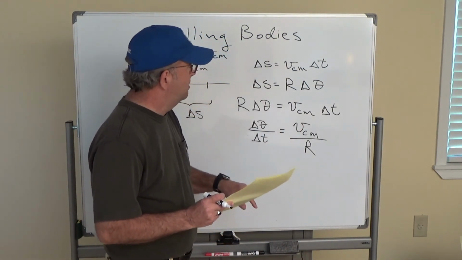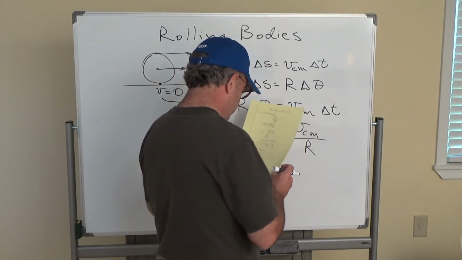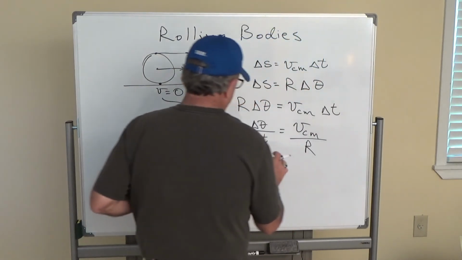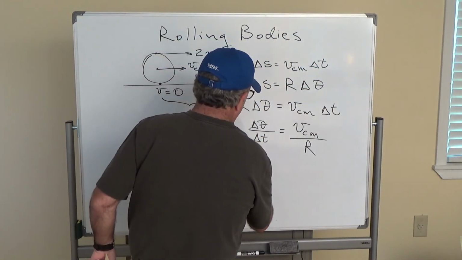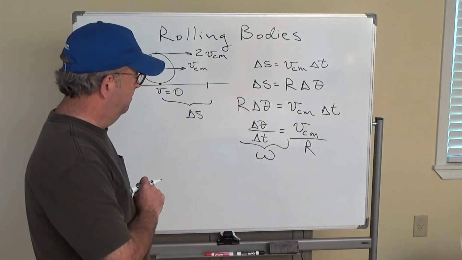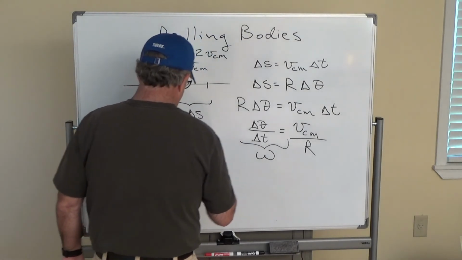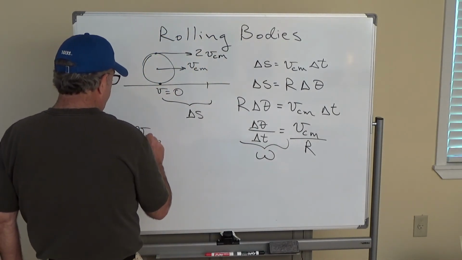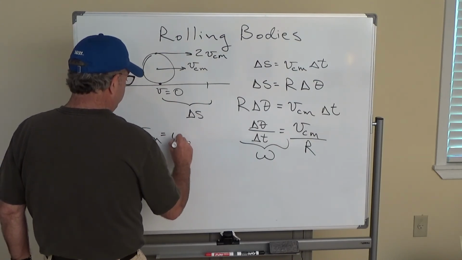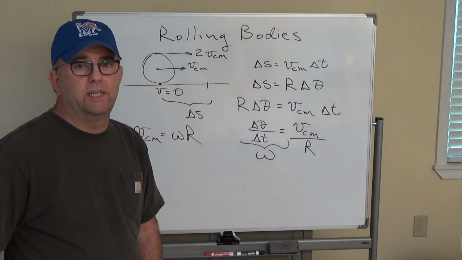V center of mass divided by R is equal to this, which is omega. So, in the end, V center of mass is equal to omega R. All that work to get that result.